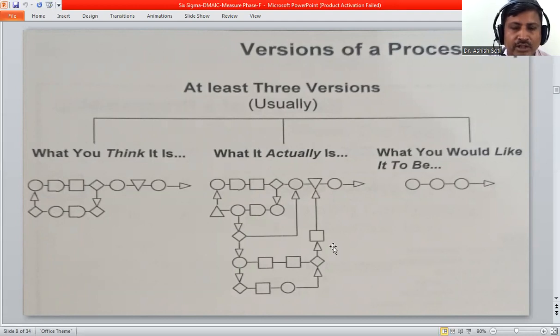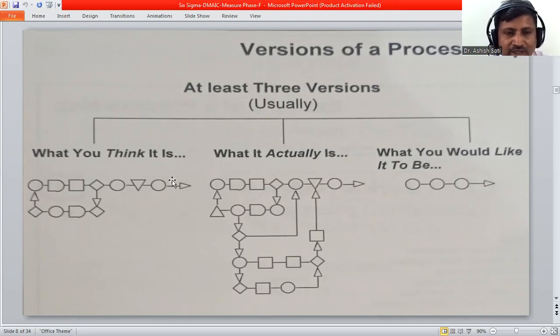What is the difference? It's too complex. It is becoming very difficult. You cannot control the process. There are a lot of issues and delays going to happen. Material is going to be wasted and time is going to be really wasted.